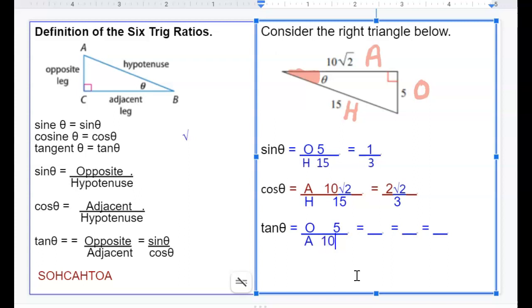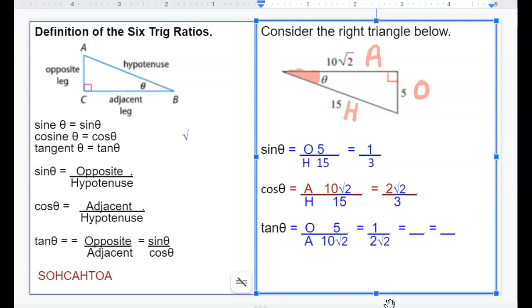So you have 10, I paste my square root, Control V, and then root 2. We see here again that 5 is common. 5 can go into 10. So 5 goes into 5 one time, and 5 goes into 10 two times. So we have 2 root 2 at the bottom there.